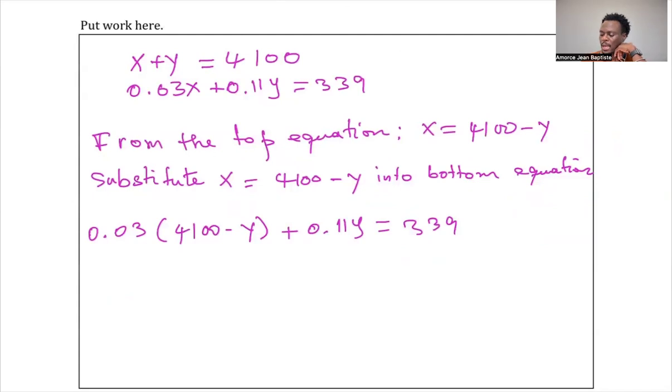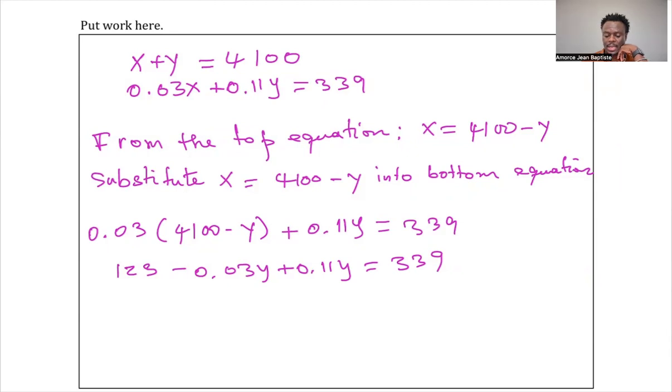Now we can multiply 0.03 and 4,100. That's 123, plus negative 0.03y, plus 0.11y equals 339.